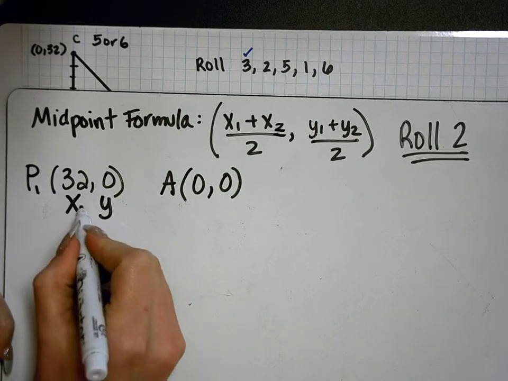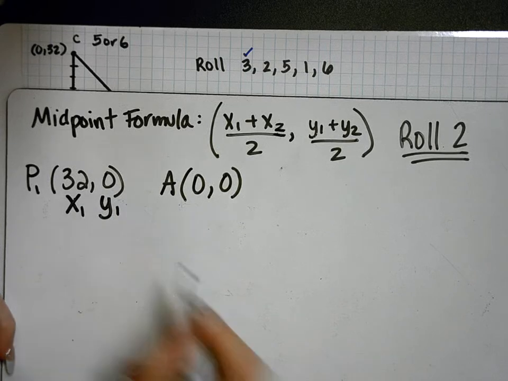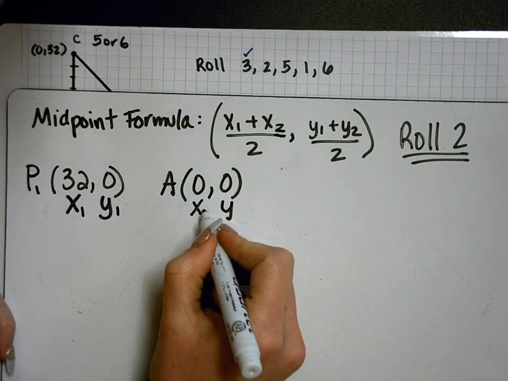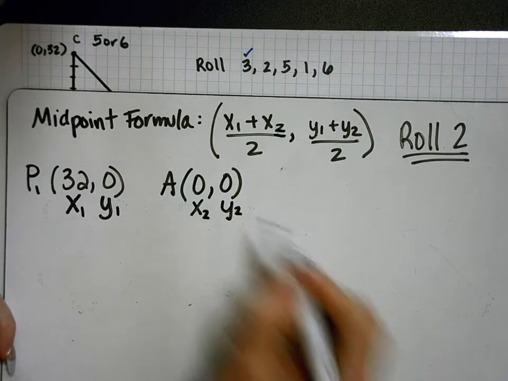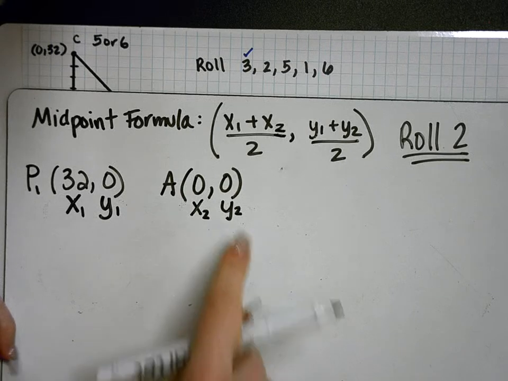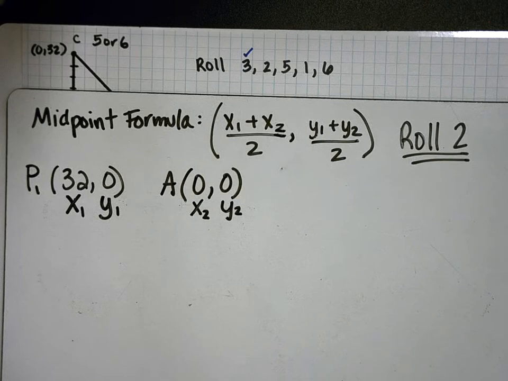Since this is my first point, I'm going to put a little subscript 1 there. And since this is the second point, I'm going to put a little subscript 2. So I have x sub 1, y sub 1, x sub 2, y sub 2, and then I'm just going to input it into my midpoint formula.